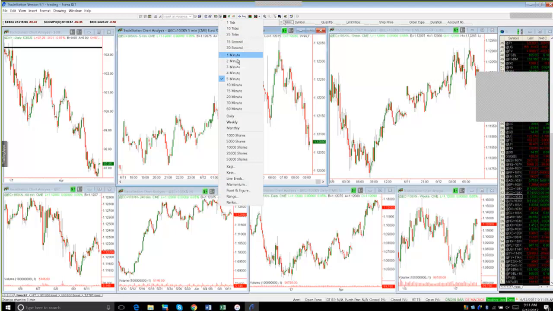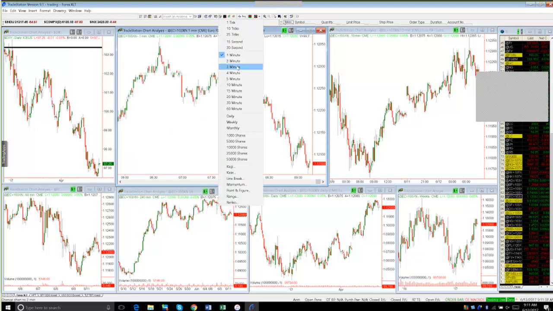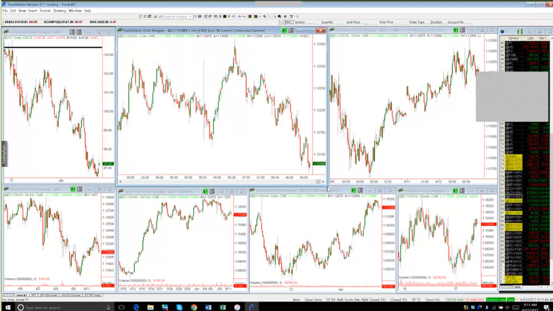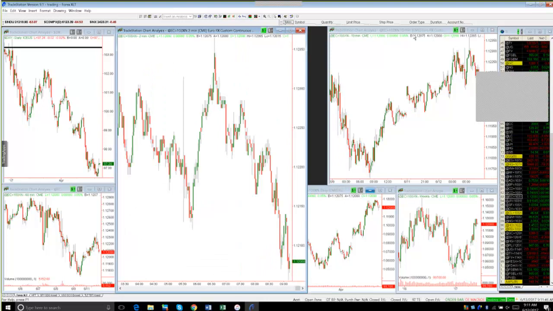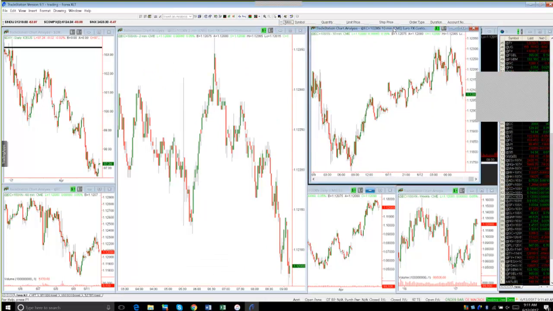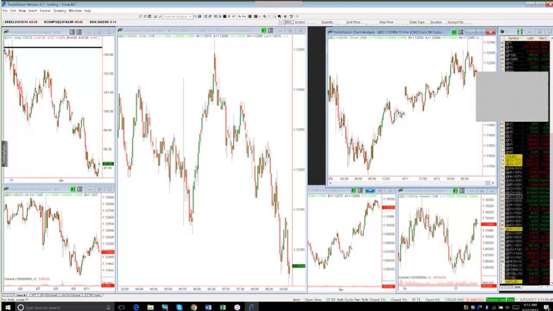Let's see if we can find another one. So if the euro backs up to the 112.20-ish area, right here, that could be a nice opportunity for us.